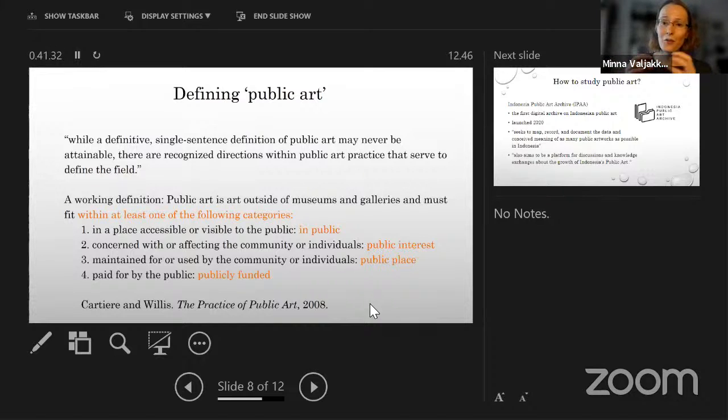So if the people don't appreciate it, if they don't feel that they own the artwork, they won't maintain it. They might even destroy it just by not caring about it. And this is perhaps the problem with the government initiatives, that it's just like in Hong Kong, the people say it's just put in here and there, and they don't even ask the people. So of course the people don't care.